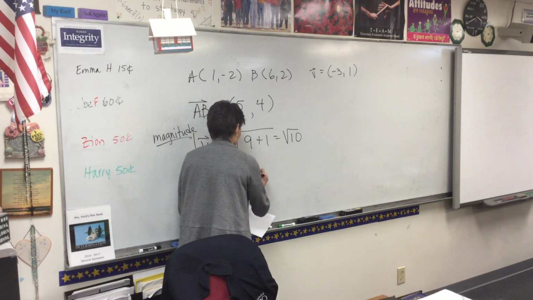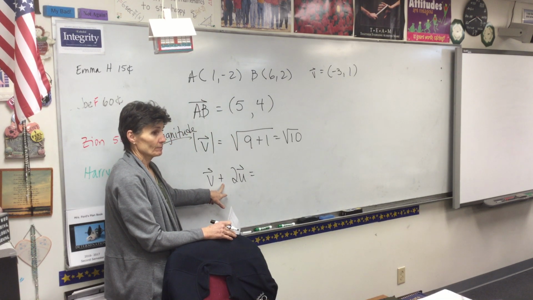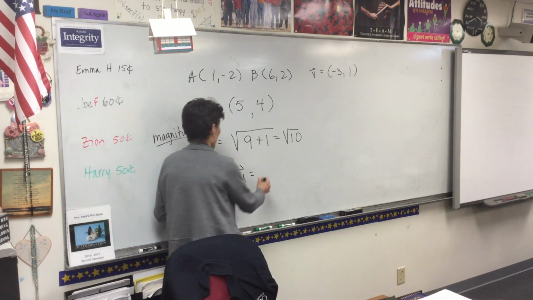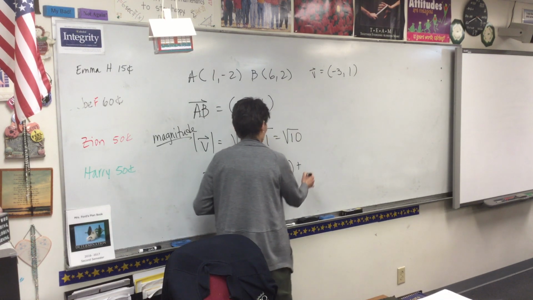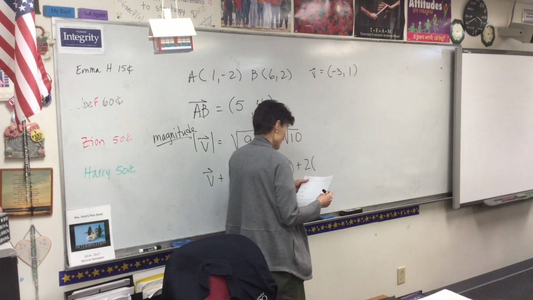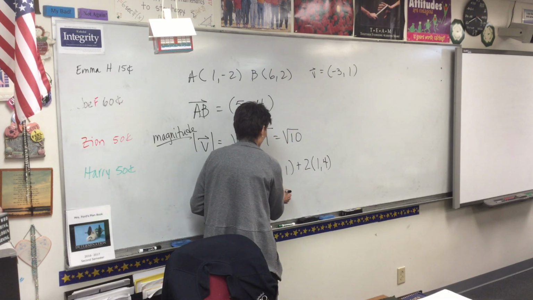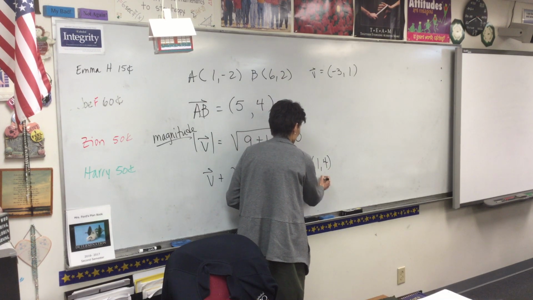Now, we're going to add 2 vectors together. Remember how we do that? We add the x's and we add the y's. Now, we're adding vector v, which is -3, 1, plus 2 times vector u. Now, what is 2 times vector u? 2, 8, right?